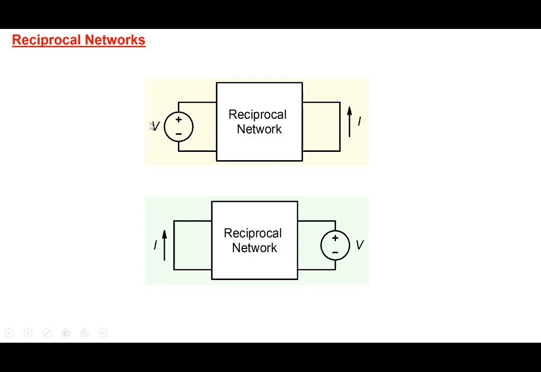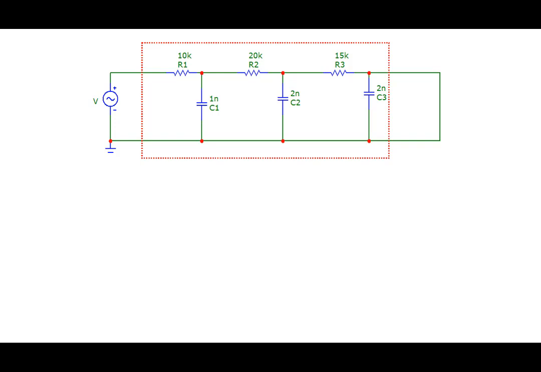So you apply a voltage here, you will measure a current I here. Now if you apply a voltage here, you will measure the same current I over here, and we call such networks reciprocal networks. And look at it here. We are applying a voltage here, 1 angle 0, and shorted the output here. And so the current flowing here is 21.38 with the angle of 160.